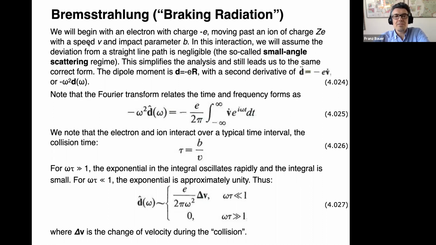The electron has a speed v. It has an impact parameter b. And we're going to use an approximation here, which is that the electron is traveling in more or less a straight line, and so a deviation from the straight line path is negligible. This is known as the small angle approximation.